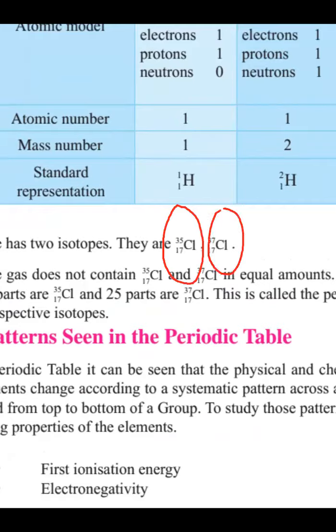Chlorine 35 17 and 37 17. Now if you are given these, what is the atomic number? Atomic number is 17. What is the number of protons? 17. What is the number of electrons? 17. What is the number of neutrons? Then you have to do a calculation for 2 different isotopes.